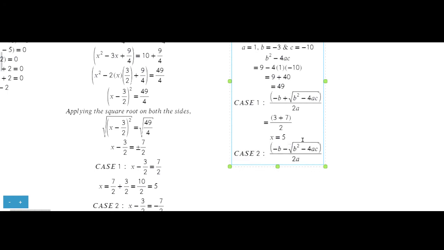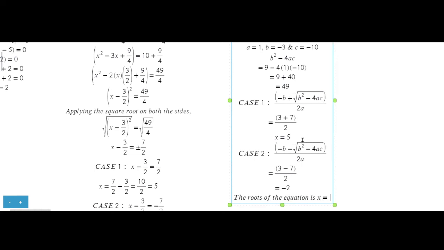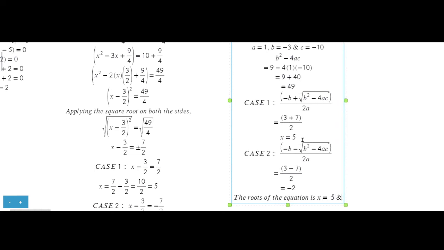It will be equal to 3 minus 7 in this case, divided by 2, which will once again be equal to 3 minus 7 is minus 4 by 2, which is equal to minus 2. So we can say that again the roots of the equation are x equals 5 and minus 2.